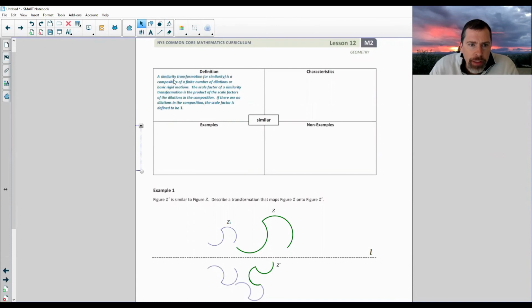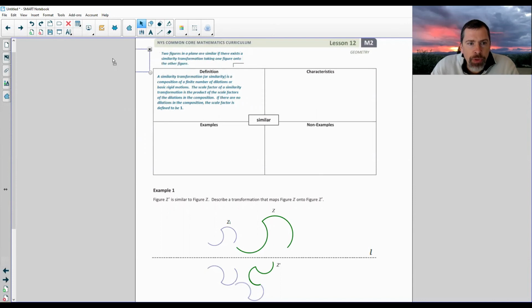A similarity transformation, or just simply similarity, is a composition of a finite number of dilations or basic rigid motions. The scale factor of a similarity transformation is the product of the scale factors of the dilations in the composition. If there are no dilations in the composition, the scale factor is defined to be r equals 1. Okay, these are things we already know.